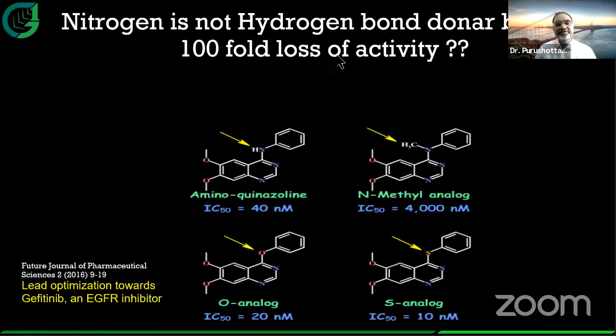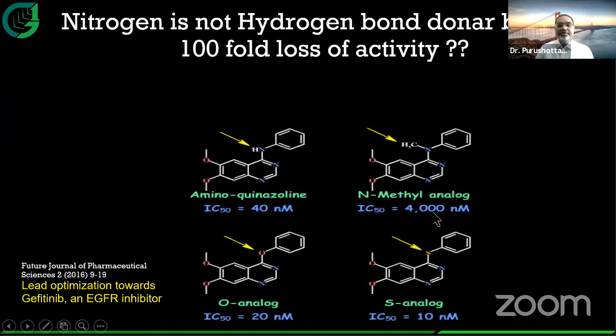A very interesting example I have collected for you, with a 100-fold loss of activity. You could see that the aminoquinazoline has an IC50 of 40 nanomolar, and the other modification done here was simply replacement of the hydrogen with the methyl.